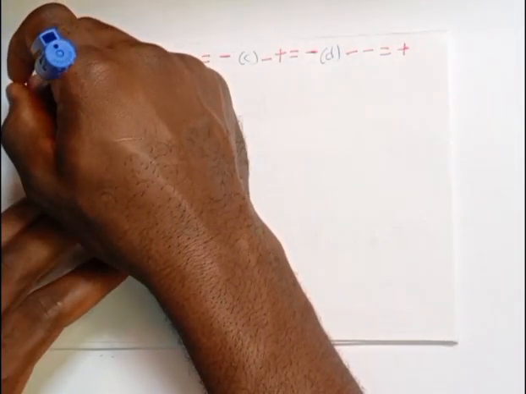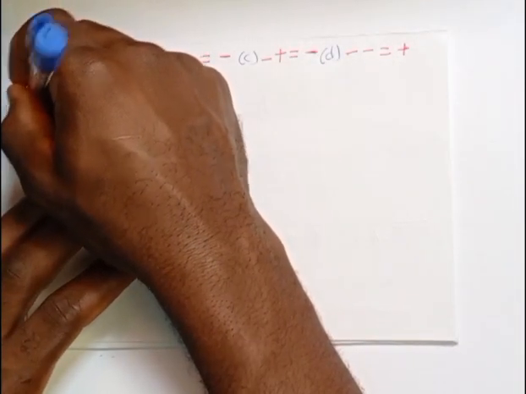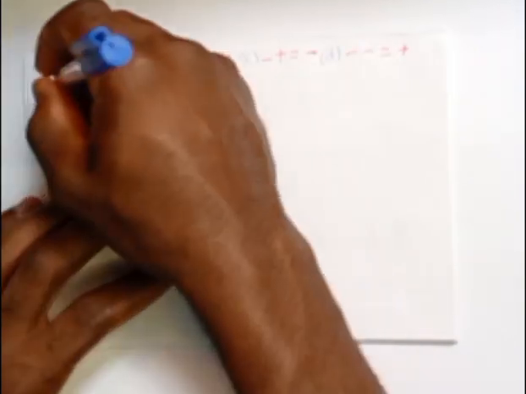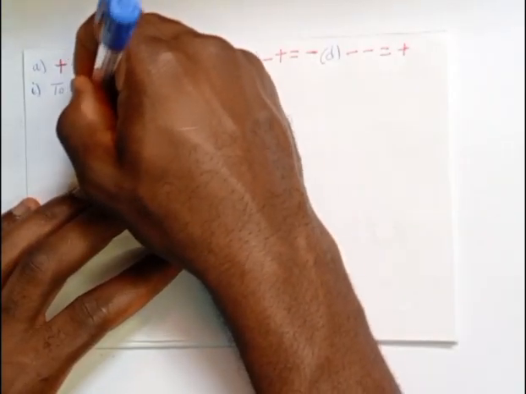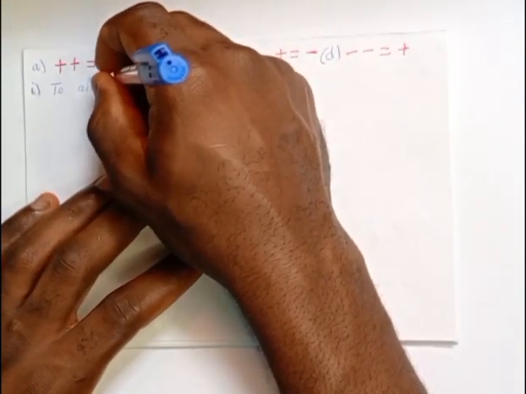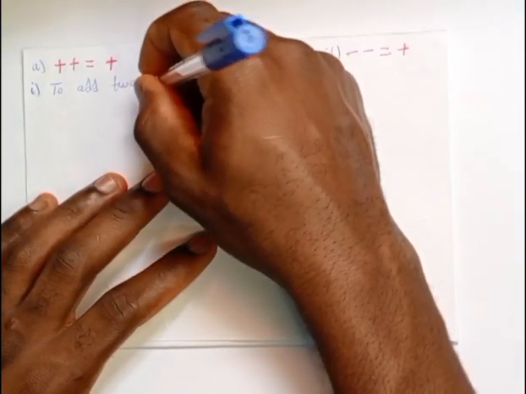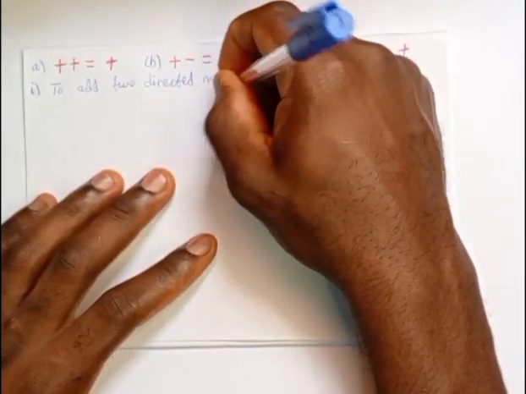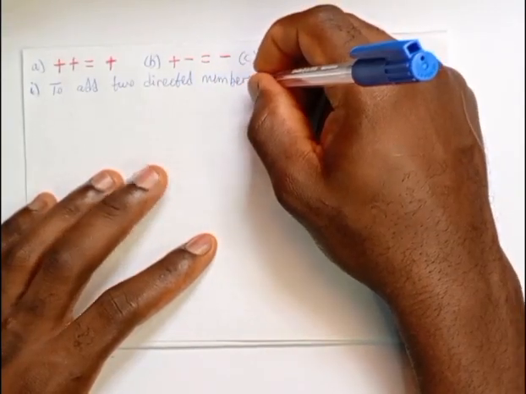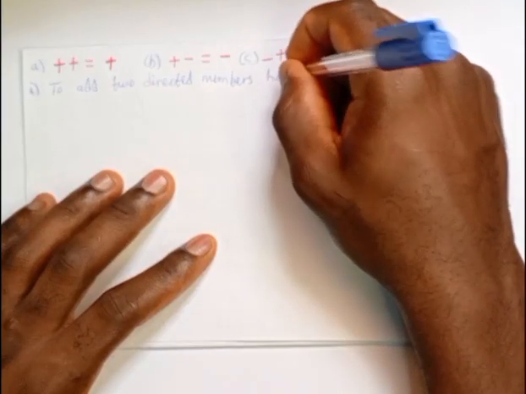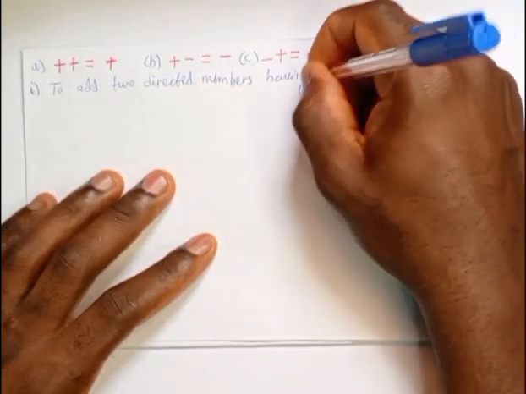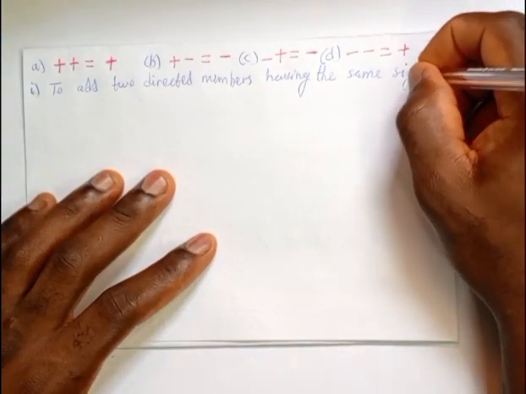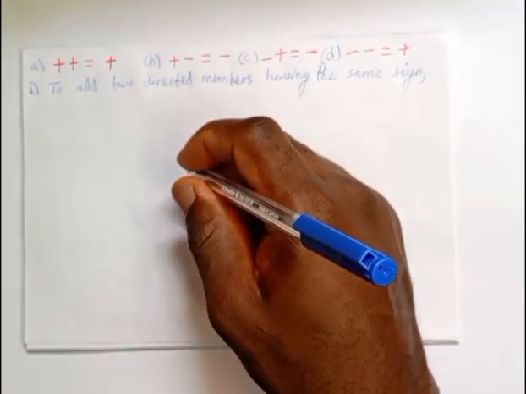We go by the margin, we take I, the various techniques to add or to subtract directed numbers. The first one, to add two directed numbers having the same sign, means they are either both positive or both negative.